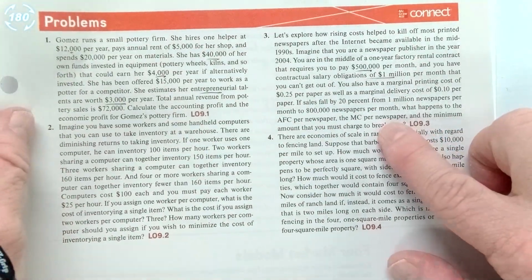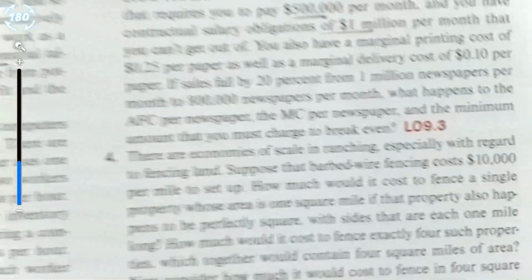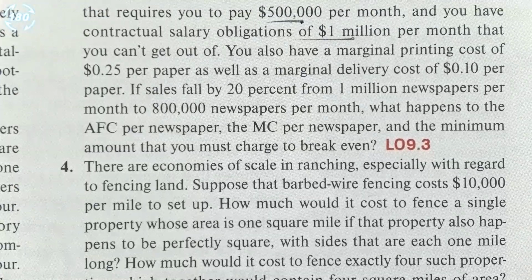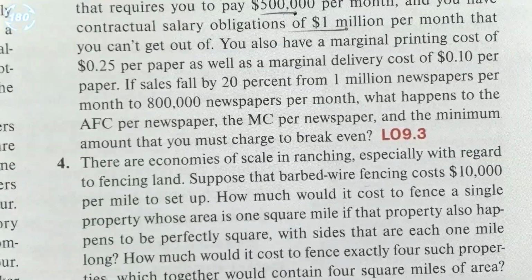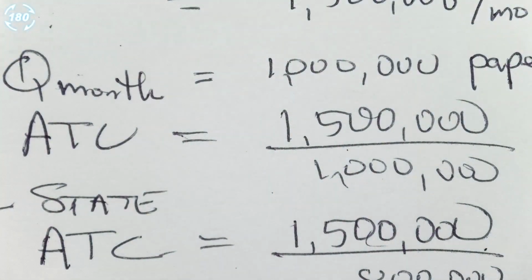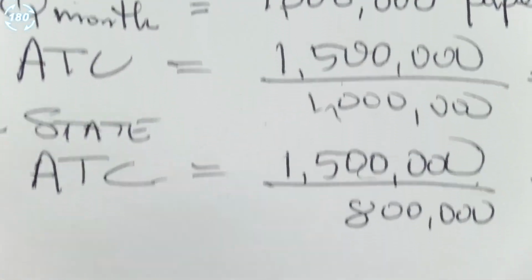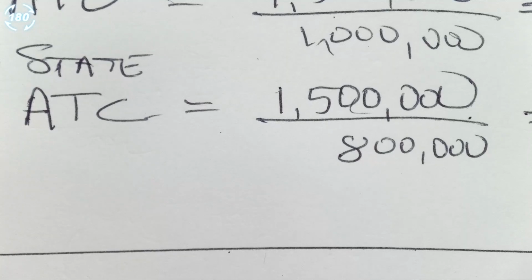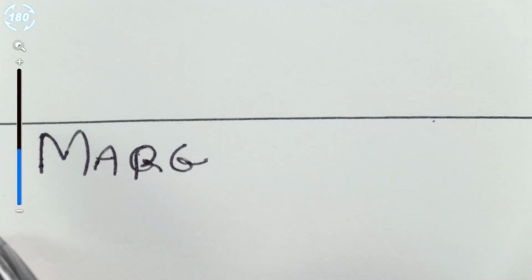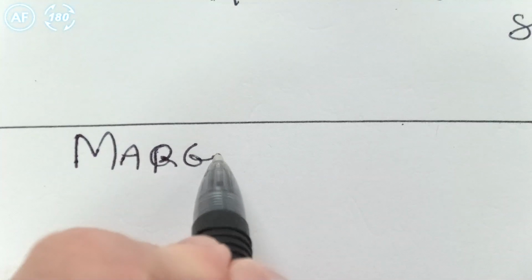What about the marginal cost per paper? What do you think, class? What's the marginal cost per paper? Does that change? It doesn't change, does it? So the marginal cost is the same. Not margin, but marginal. Margin is not good for you.